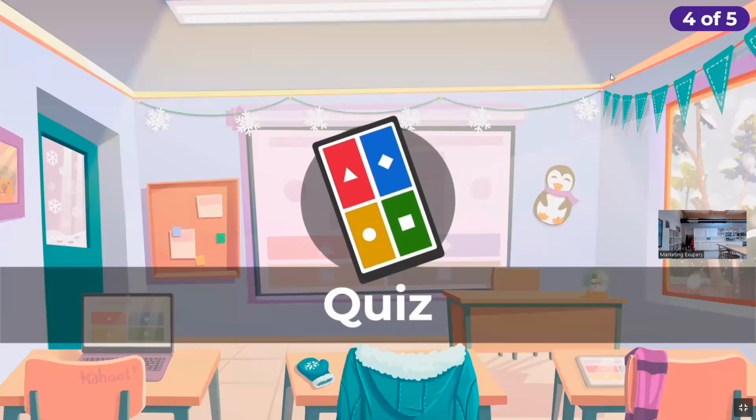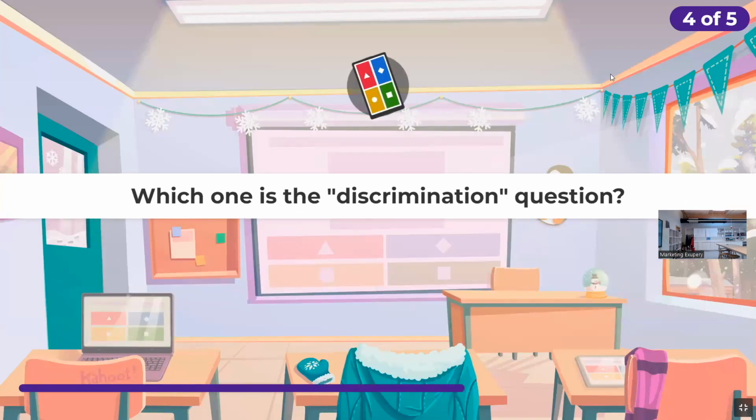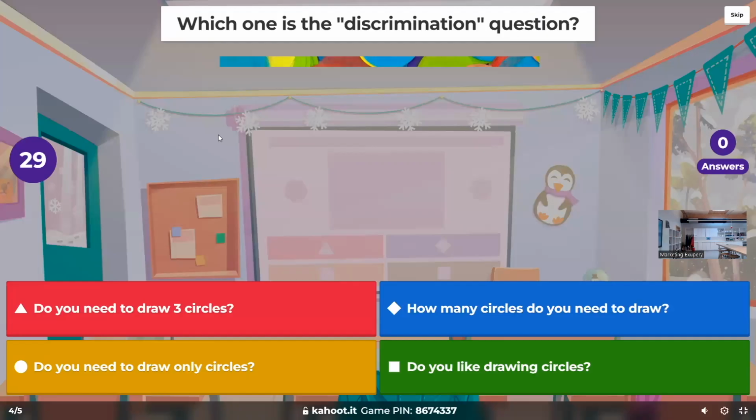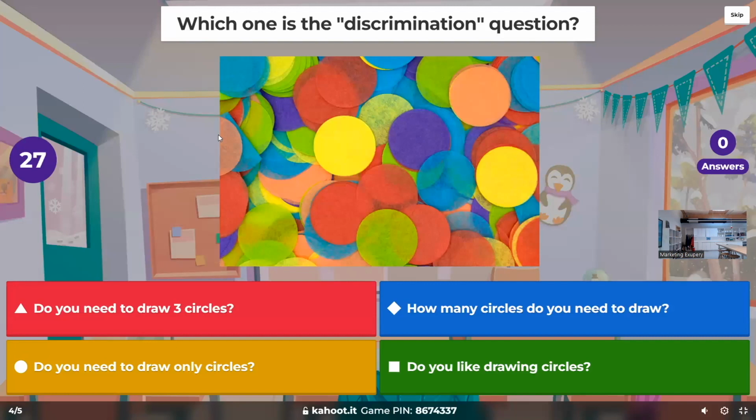And I think it's going to be the last question. Which one is the discrimination question? Do you need to draw 3 circles? How many circles do you need to draw? Do you need to draw only circles? Or do you like drawing circles? Which one is discrimination?